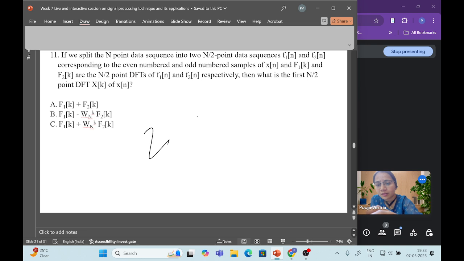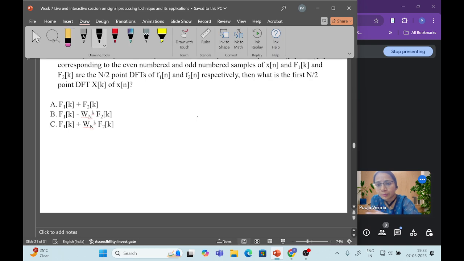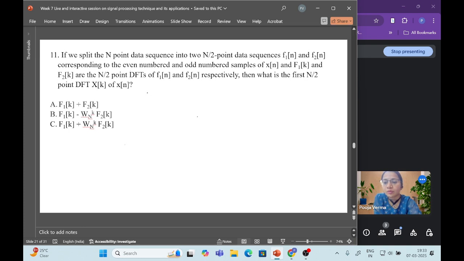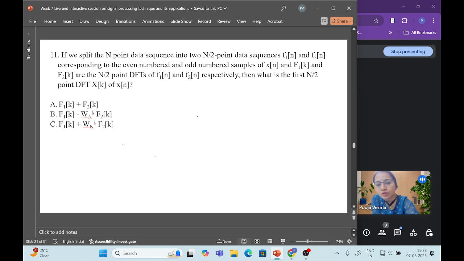Okay, so here it is given: if we split an N-point data sequence into two N/2-point data sequences f1(n) and f2(n), where X(k) is the N-point DFT.